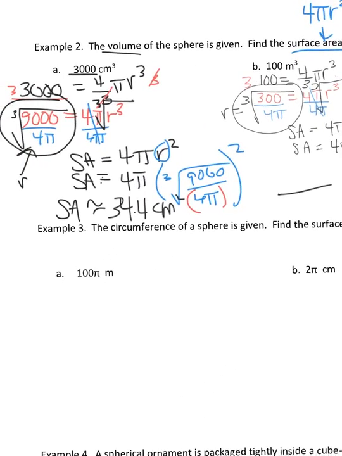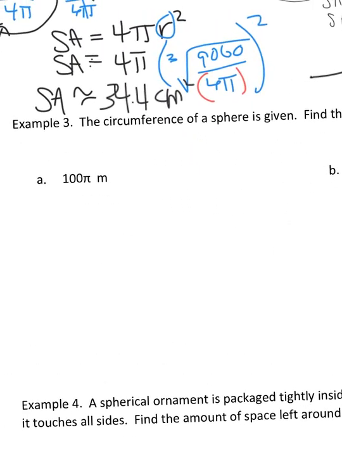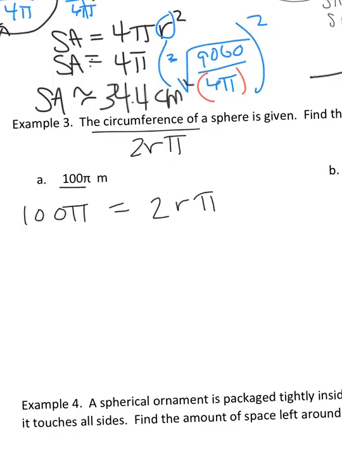Okay, and then down here, their circumference is given. The formula for circumference is 2 pi r. Find the surface area and volume. So to find the surface area and volume, we need the r. This is a circumference, so you're going to set 100 pi equal to 2 pi r.